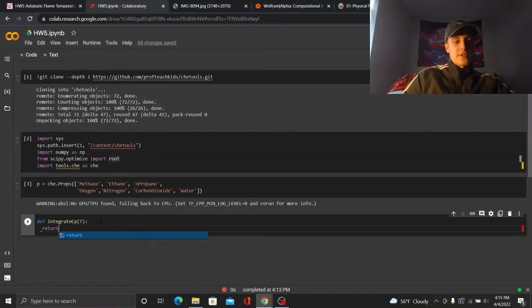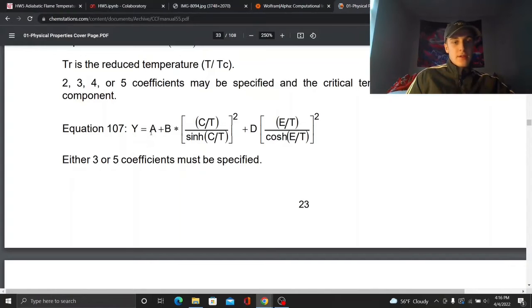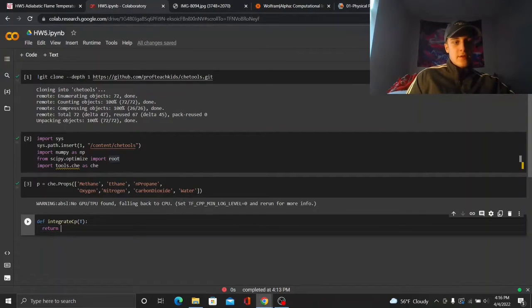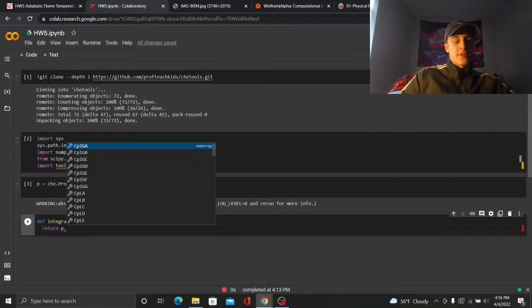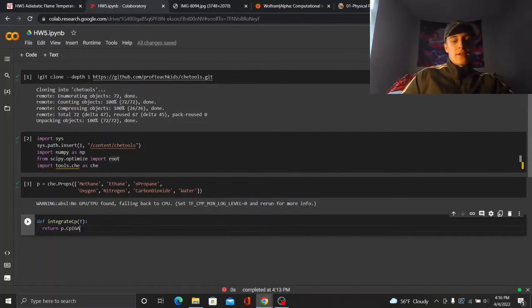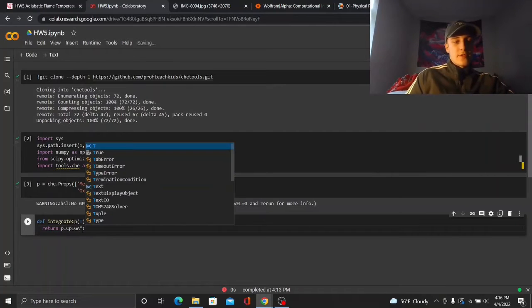And we're going to want to return A times T. Our A coefficient we're going to get from our CHE tools, and it will be the CPIGA right here, and that times the temperature.